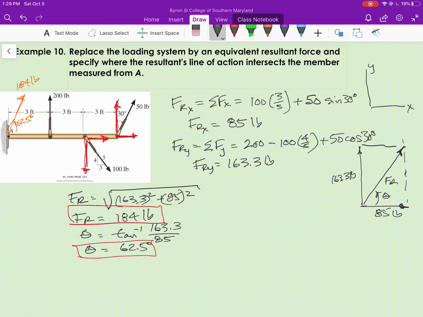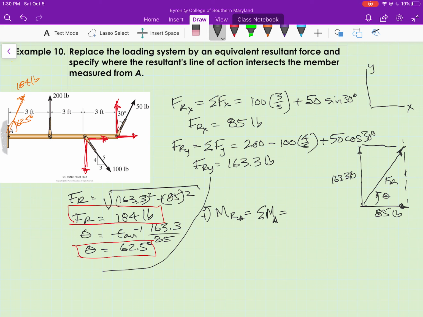So again, we found F sub R, and F sub R is not going to change even after we move it to account for the resultant moment at A. So now, as an intermediate step, we're going to calculate the resultant moment about A that will account for the movement of those three forces to point A. So the resultant moment about A, we'll assume counterclockwise is positive, is equal to the sum of the moments about A.